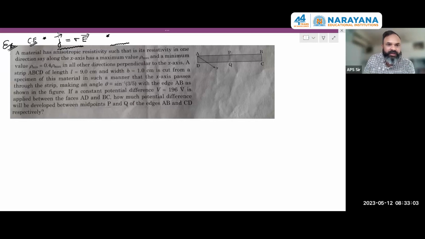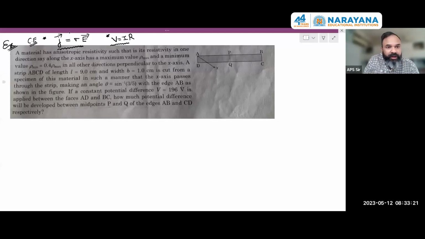All of us understand that the core concept for Ohm's law is actually this format, J is equal to sigma E. And then the flux of current density is interpreted as current.